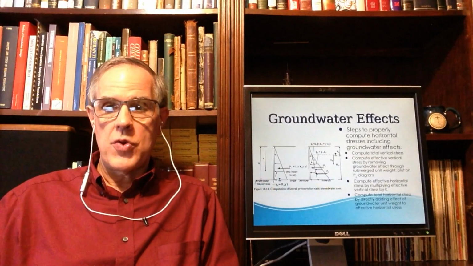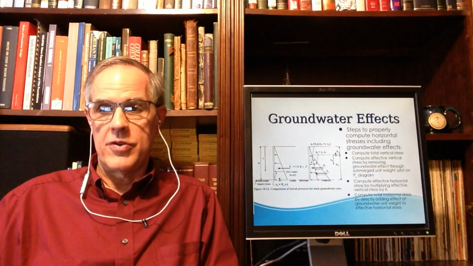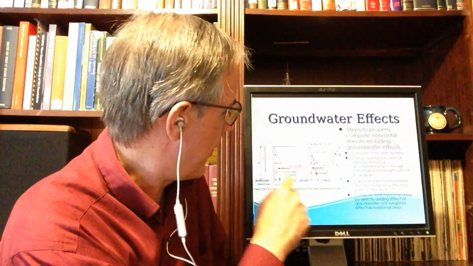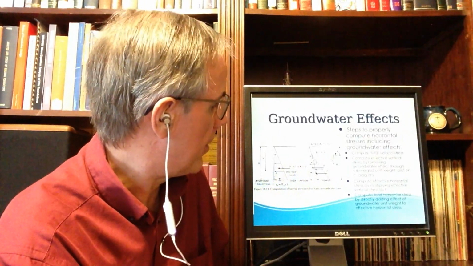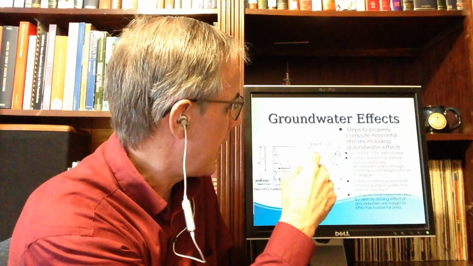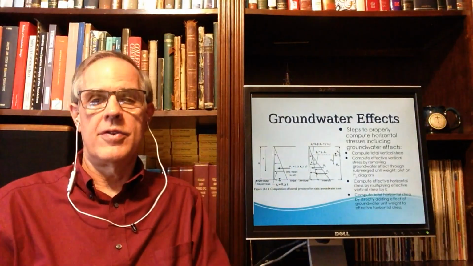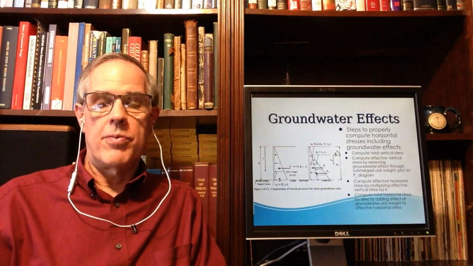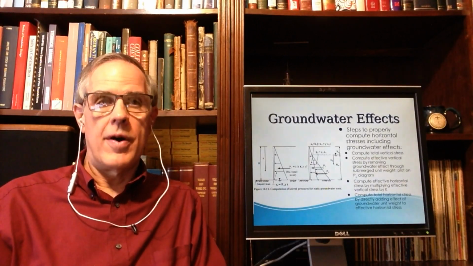The problem is if you have an unbalanced hydrostatic force. In other words, if the water is on this side of the wall but not on this side of the wall, then you've got problems. You've got problems because now you've got an additional hydrostatic force, a triangular force, because under hydrostatic conditions, pore water pressure increases linearly with depth against the wall.